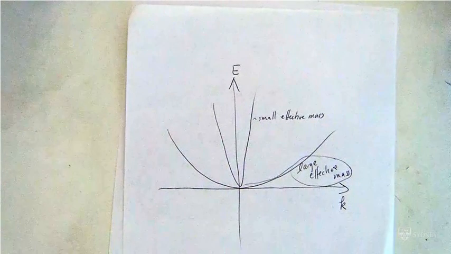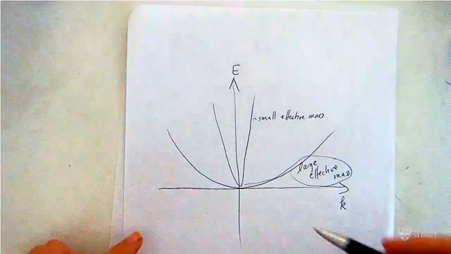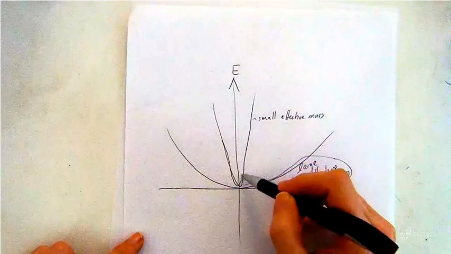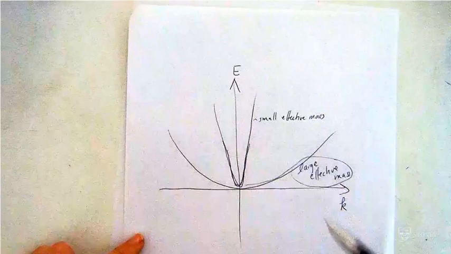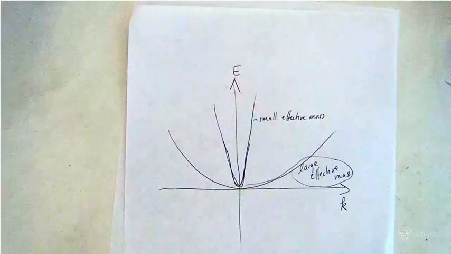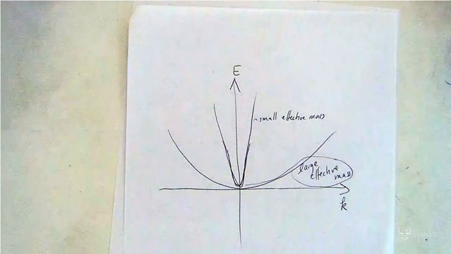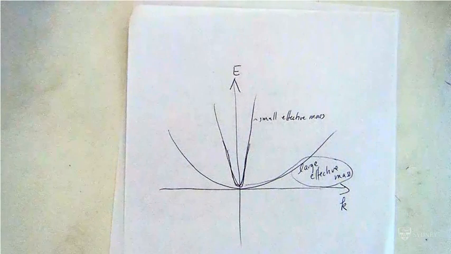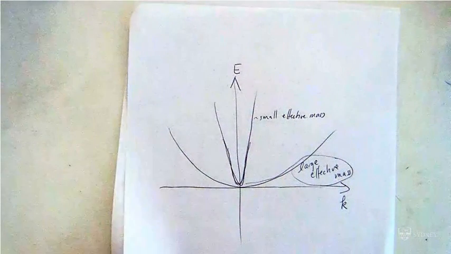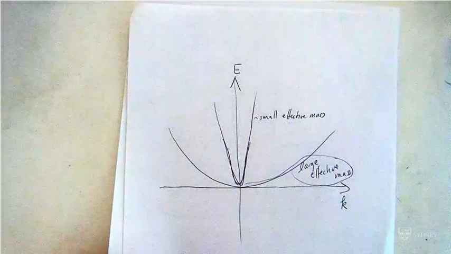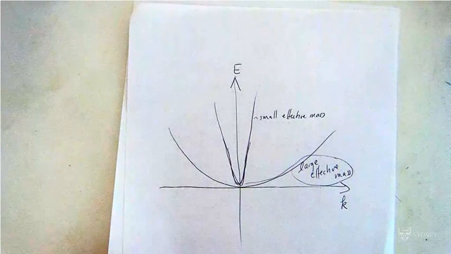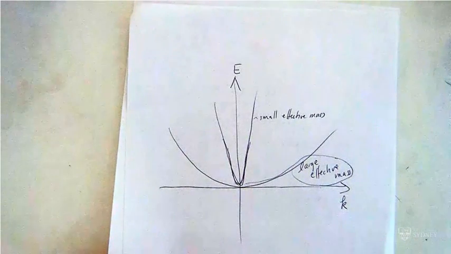And conversely, high curvature here means that the effective mass is low. Okay. And this is important for semiconductors mainly, and we'll get to that a bit later on, but I want to introduce that concept just now.